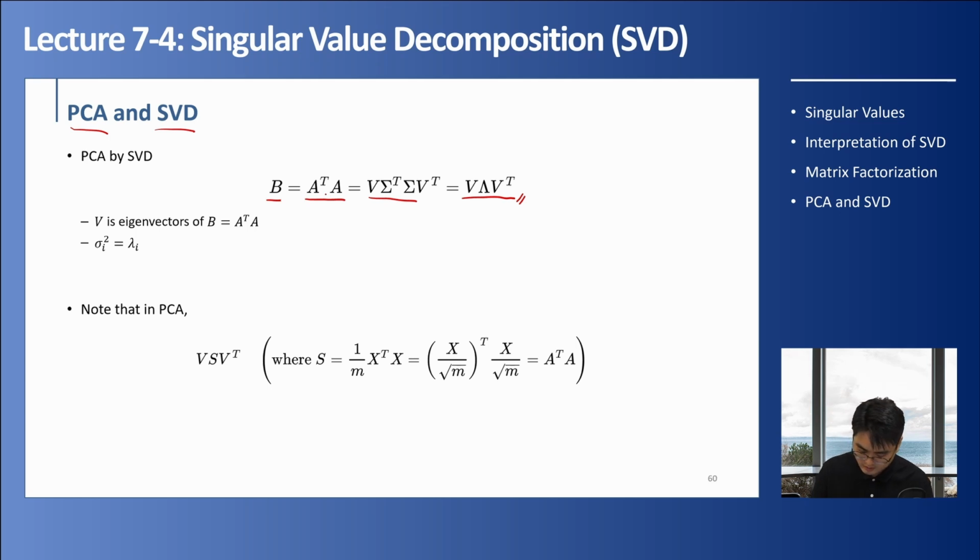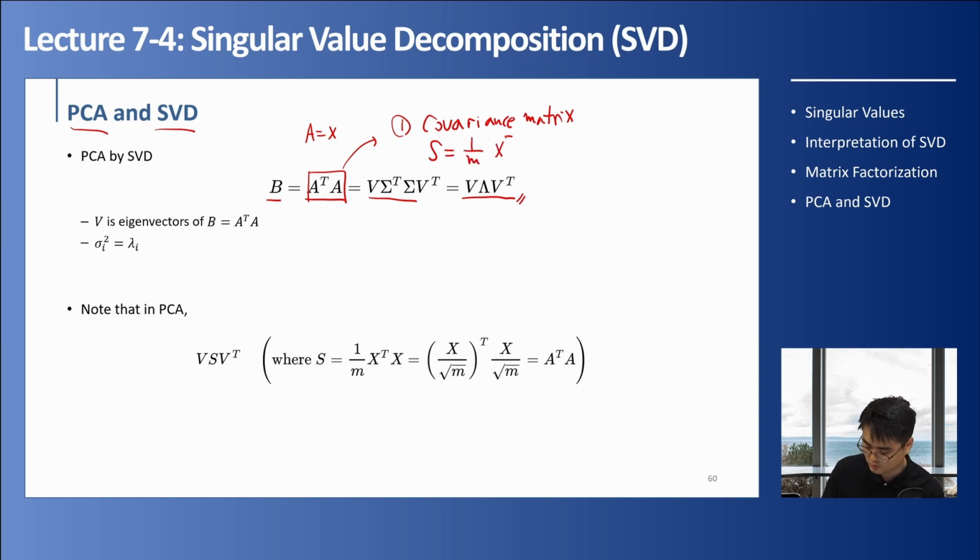And what you can see here is this A transpose A. If you imagine that A was our data X, then this is calculating our covariance matrix, because the covariance matrix was 1 over m X transpose X. You can simply substitute A into X here, and you can know that this is simply our covariance matrix.